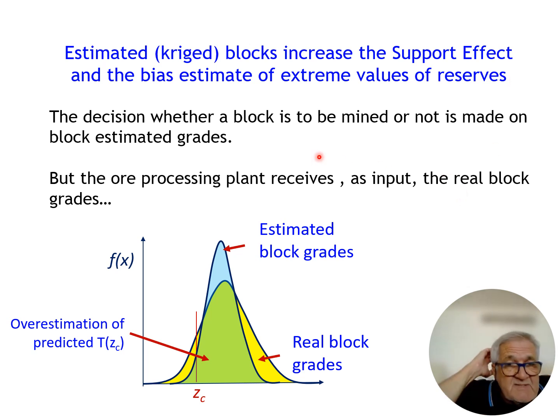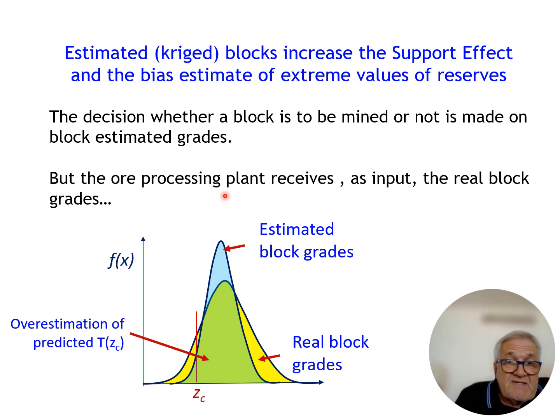And the point is extremely important, and you are going to see afterwards that the decision whether a block is to be mined or not is made on block estimated grades. This is the only one that you have. You create the block, you have the estimate, and we decide if it is ore or not.